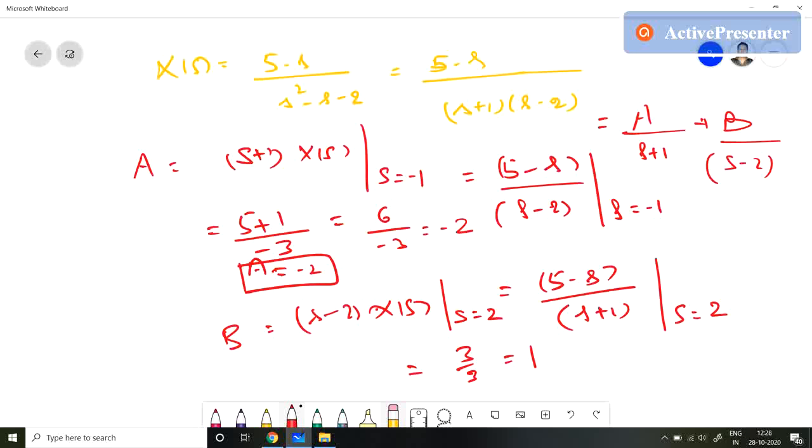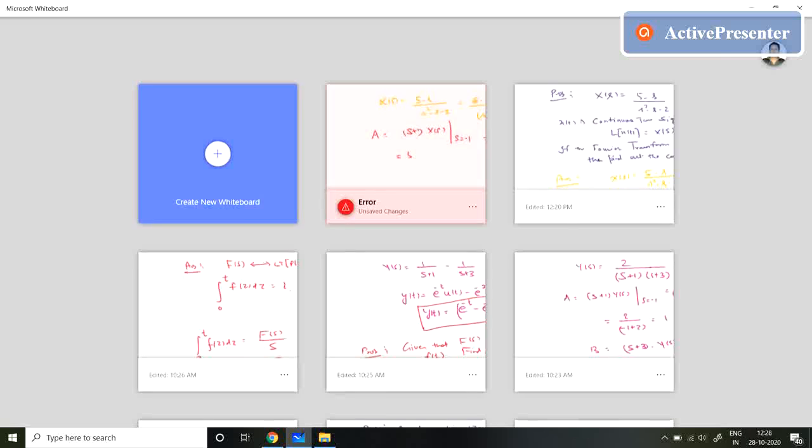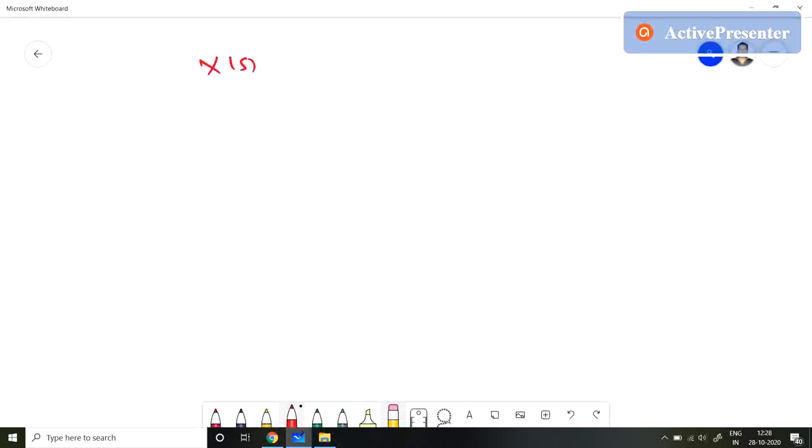So what we get is X(s) equal to minus 2 divided by s plus 1 plus 1 divided by s minus 2.